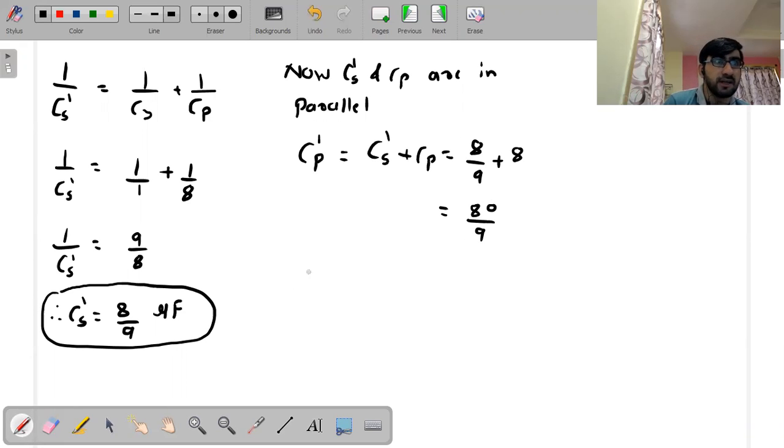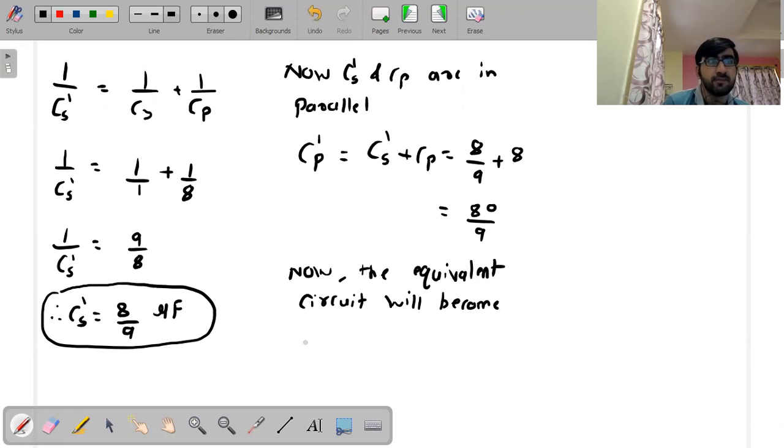Now finally you will have, now the equivalent circuit will become, finally you will have point A, you will have a capacitor C over here, you will have finally CP dash over here, and a point B over here, right?